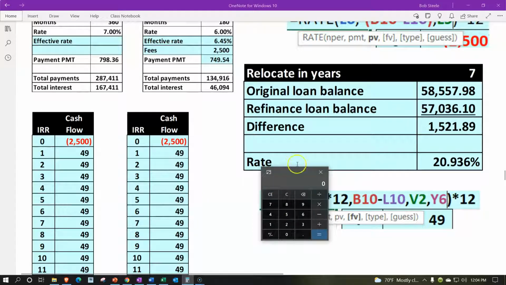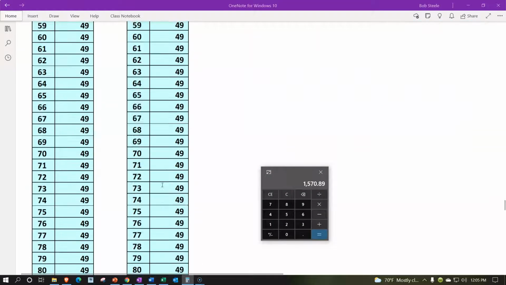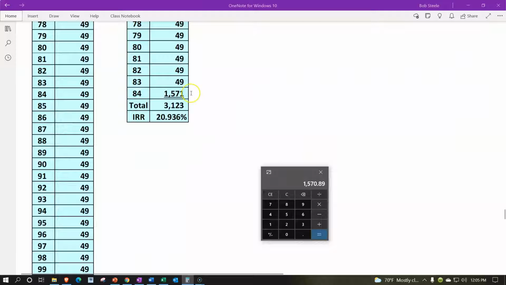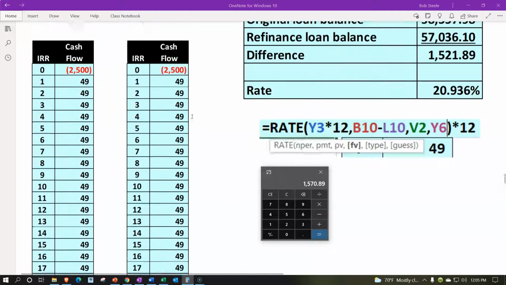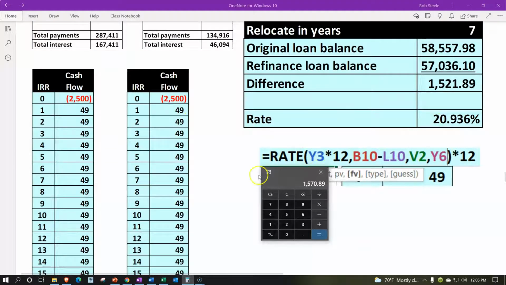We've got the difference between these two, which is the 49, and then we've got this 1521, so the 1521.89 plus the 49 would give us about 1571. So the total flow would be the 3,123, and there, once again, if we calculate our IRR using the IRR function, would give us the 20.936. So the 20.936 that we see here.